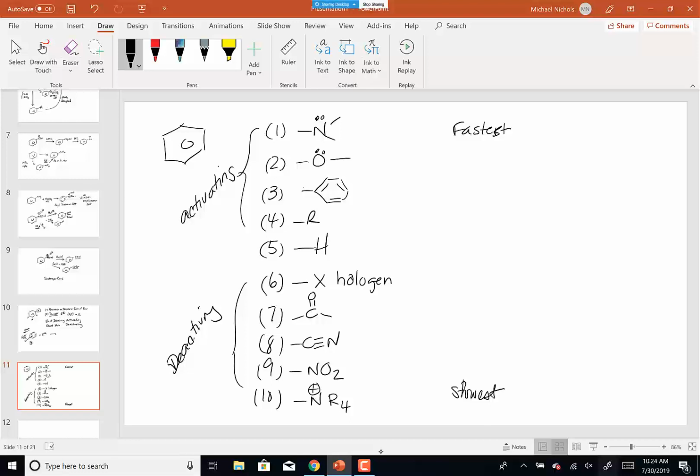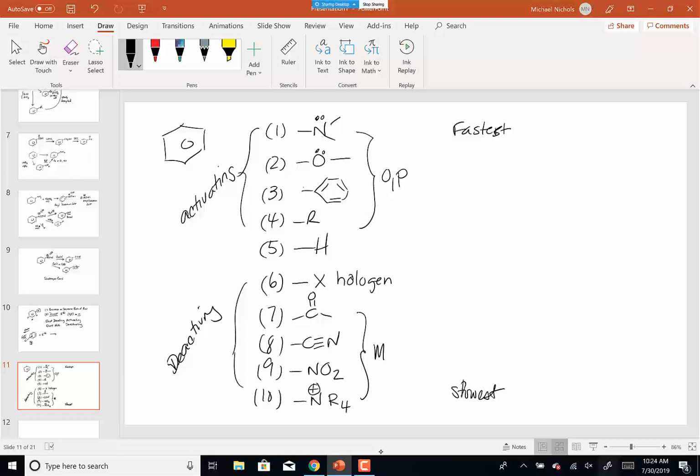Here's what else we're going to accept. All the activating groups direct the electrophile ortho and para to themselves. And all but one deactivating group will direct meta to itself.